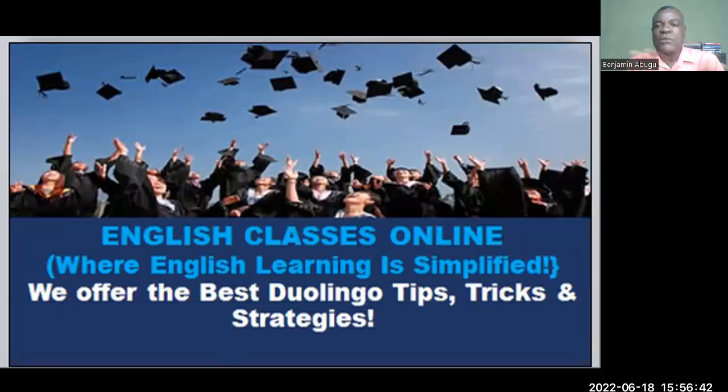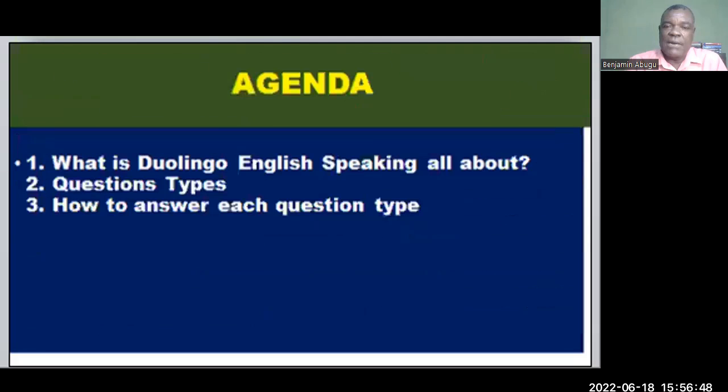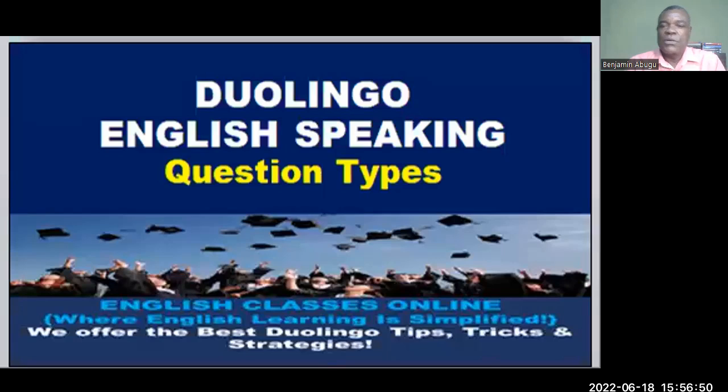And this is where we are going to draw the curtain in today's lesson. We have been talking about question types in the Duolingo English speaking, all right? And I hope I've done justice to this topic, walking you through the 5 different question types and showing you what to expect and what exactly to do.